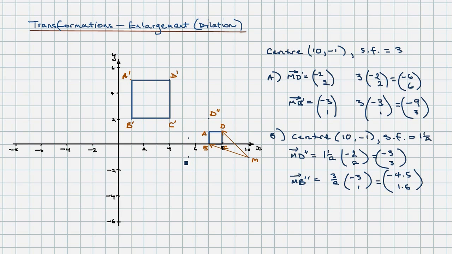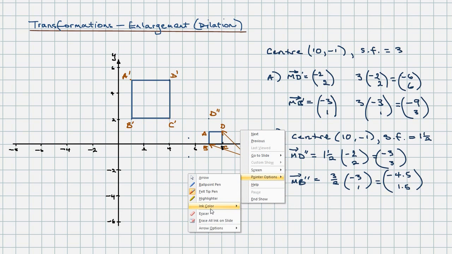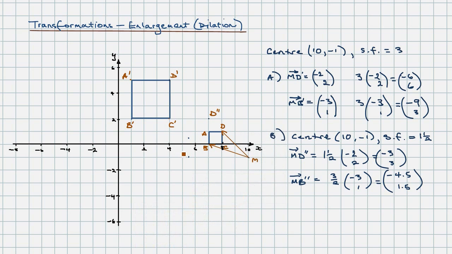So that's got to be B prime prime. And again, easy then to plot A prime prime and B, C prime prime must be here. Okay, let's go ahead and join them together.